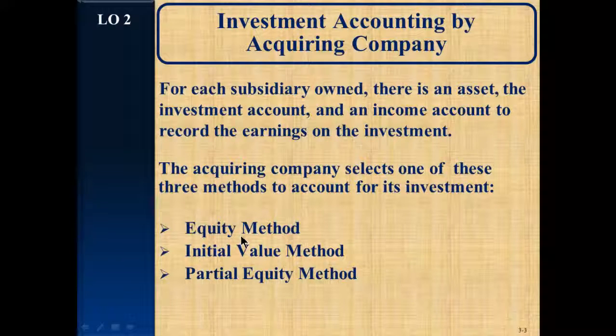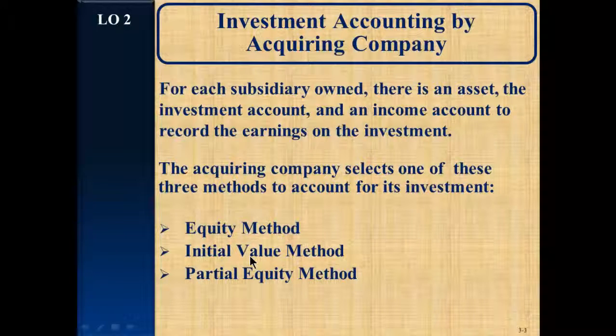As a dividend transaction occurs, you're going to be making that entry on the general ledger. And then you have the initial value method, also called the cost method. That's what I'm used to calling it in my almost 30 years of accounting. And then the partial equity method is kind of a hybrid between the two. We'll discuss the differences, and there aren't that many, so don't get too freaked out about that.